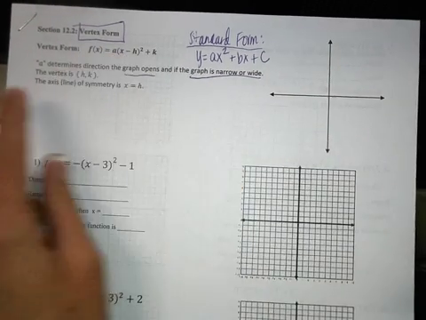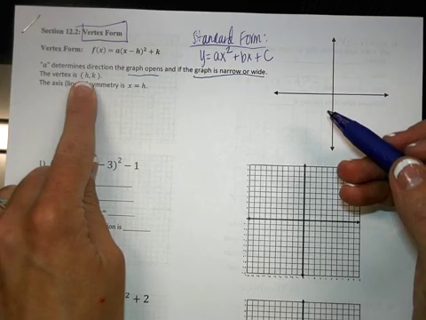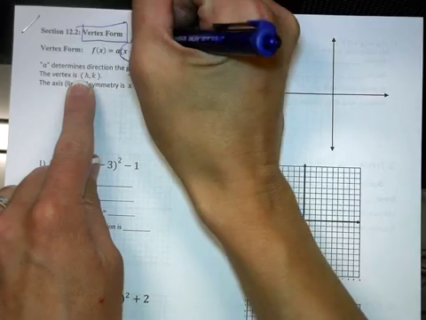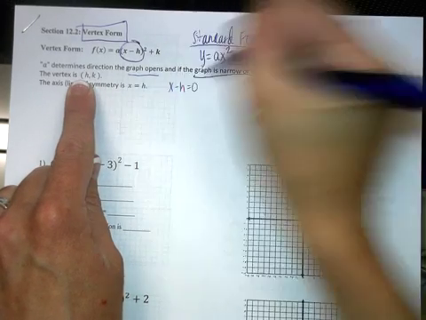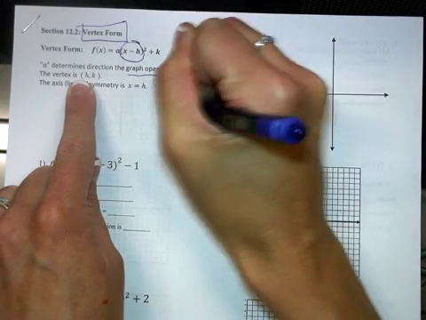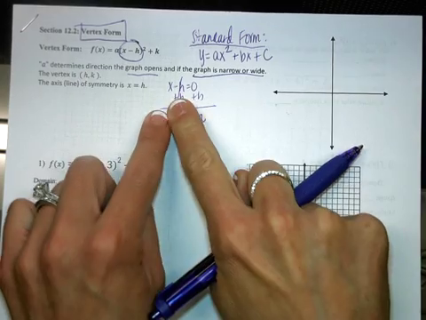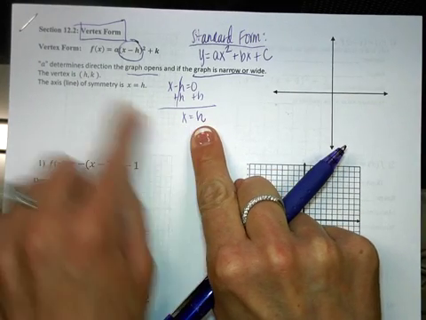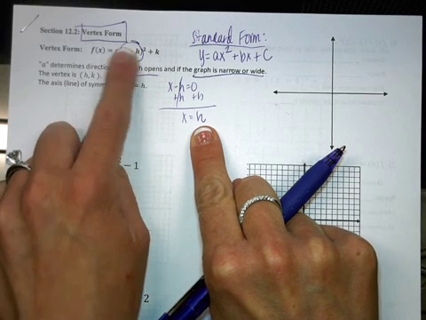If you notice in here, see how h is in the x value of the vertex? If you were to take this portion and set it equal to 0, x minus h equals 0, and solve for x, I'd add h to both sides, I get x equals h. X is going to equal a number, but it's always going to be the opposite of the number that's in the parenthesis.